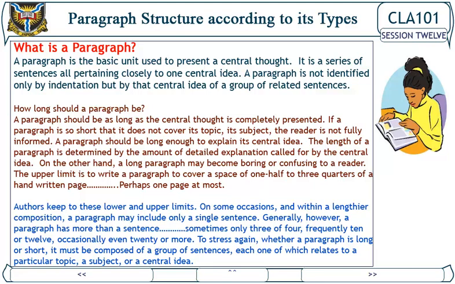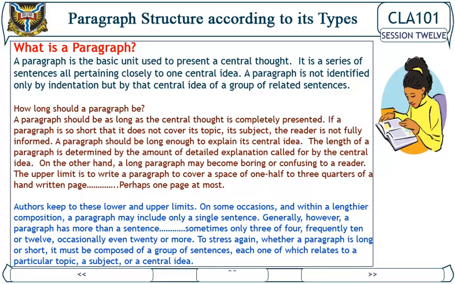The upper limit is to write a paragraph to cover a space of 1/2 to 3/4 of a handwritten page, perhaps 1 page at most. Authors keep to these lower and upper limits. On some occasions, and within a lengthier composition, a paragraph may include only a single sentence.